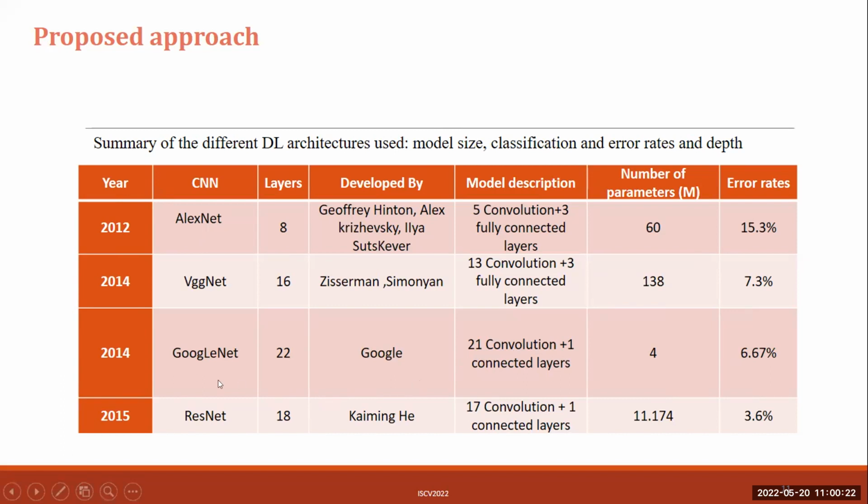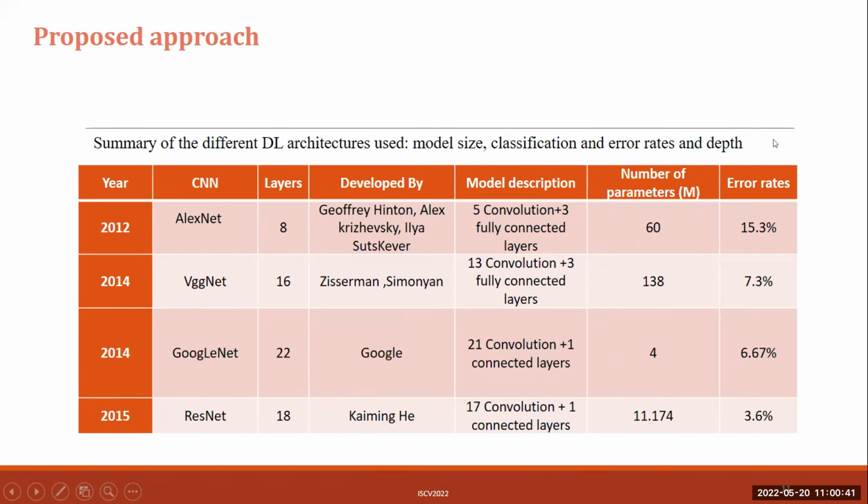And ResNet was developed by Kaiming He, and he created a new architecture with the skip connection and batch normalization. It contains 17 convolution and 1 fully connected layers.